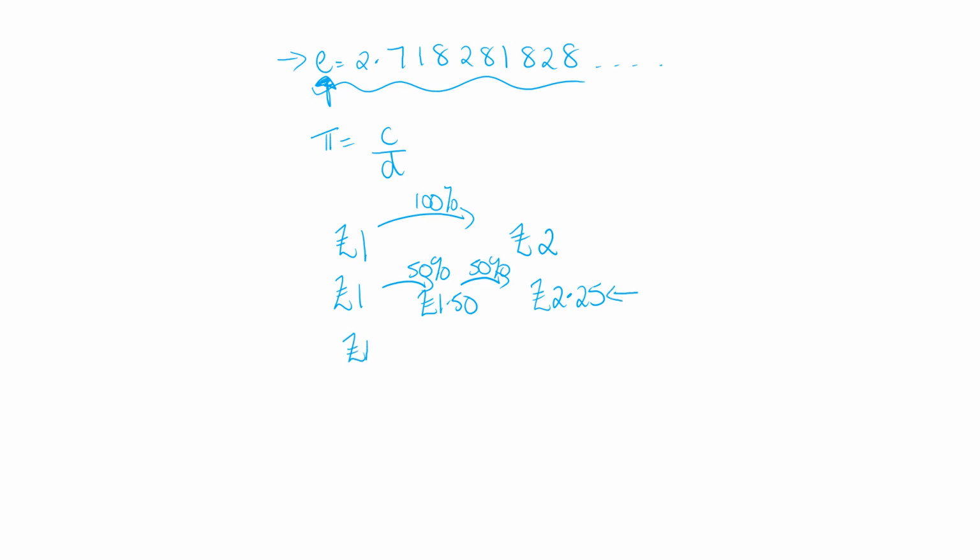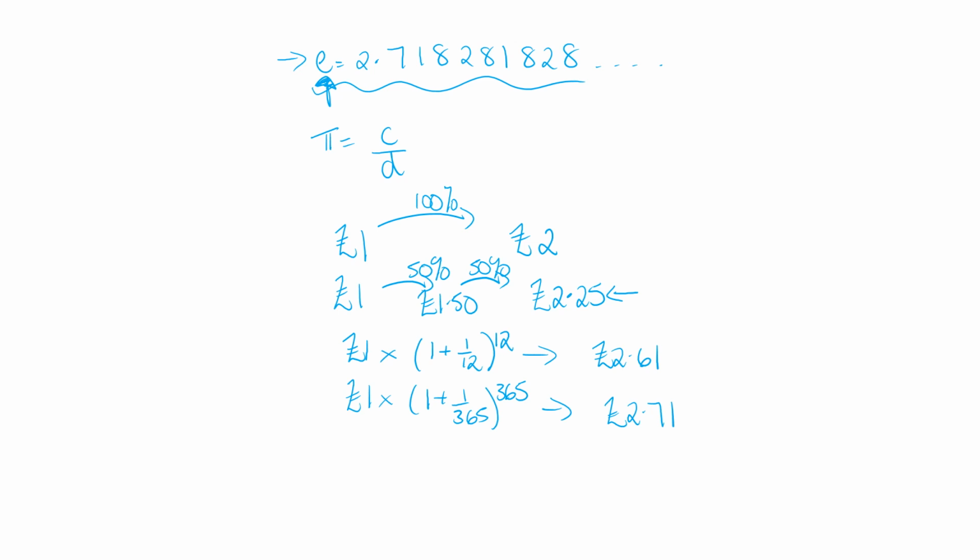But what if I had my £1 and I added a 12th on and did it 12 times a year? So I'd be multiplying by 1 plus 1/12 and doing it 12 times, so raising to the power 12, out would come £2.61. Now what if I did it daily? So just added on 1/365 and did it every day for a year, out would come £2.71.